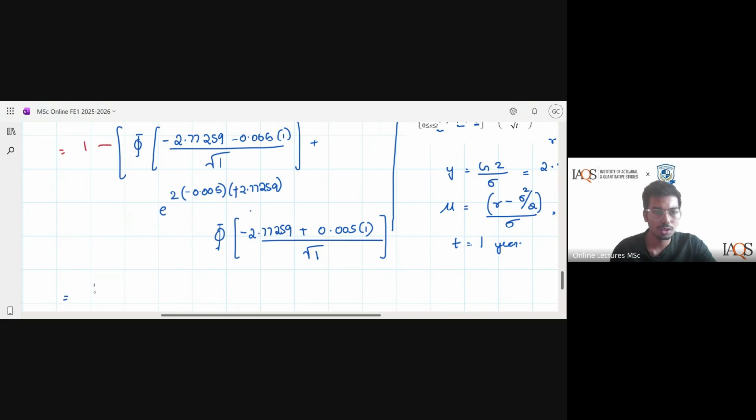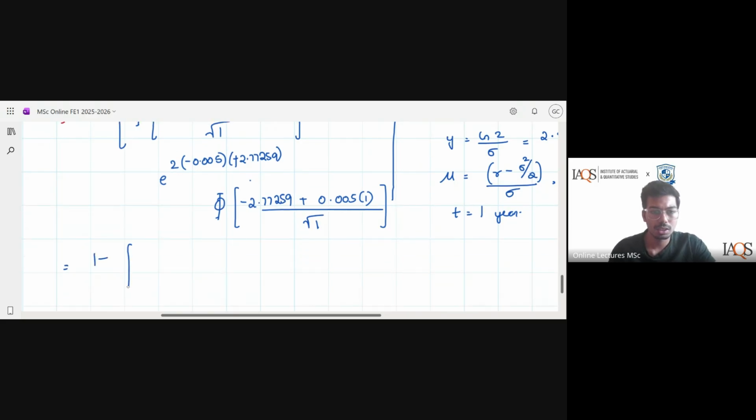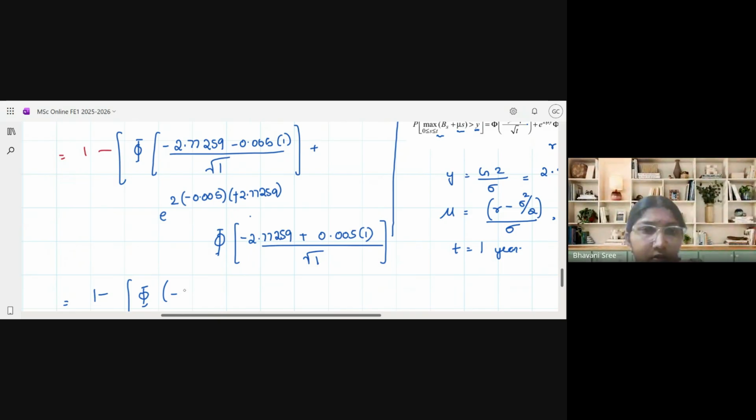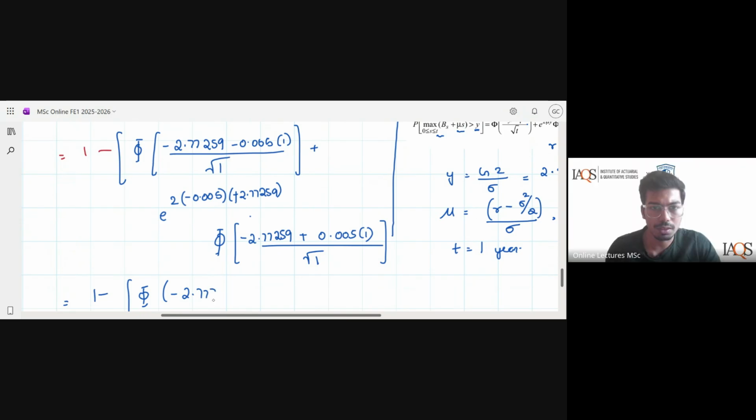Now, 1 minus, can someone tell me the answer for, this is fine, minus 2.77259 minus 0.005 will be minus 2.77759. So plus, can someone tell me this answer?